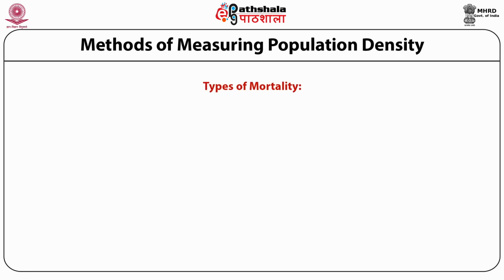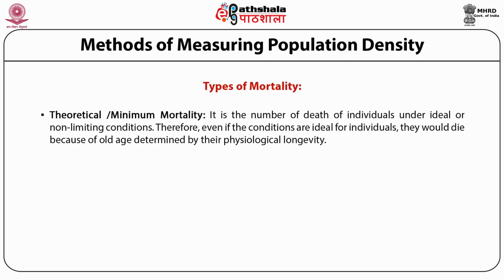The second type of mortality is theoretical or minimum mortality. It is the number of deaths of individuals under ideal or non-limiting conditions. Therefore, even if the conditions are ideal for individuals, they would die because of old age determined by their physiological longevity.